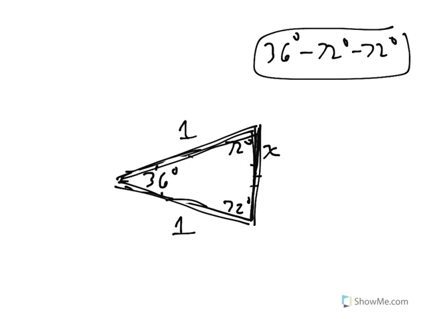If I draw an angle bisector through one of these 72-degree angles, these two angles will be equal to each other, so they'll both be 36 degrees.